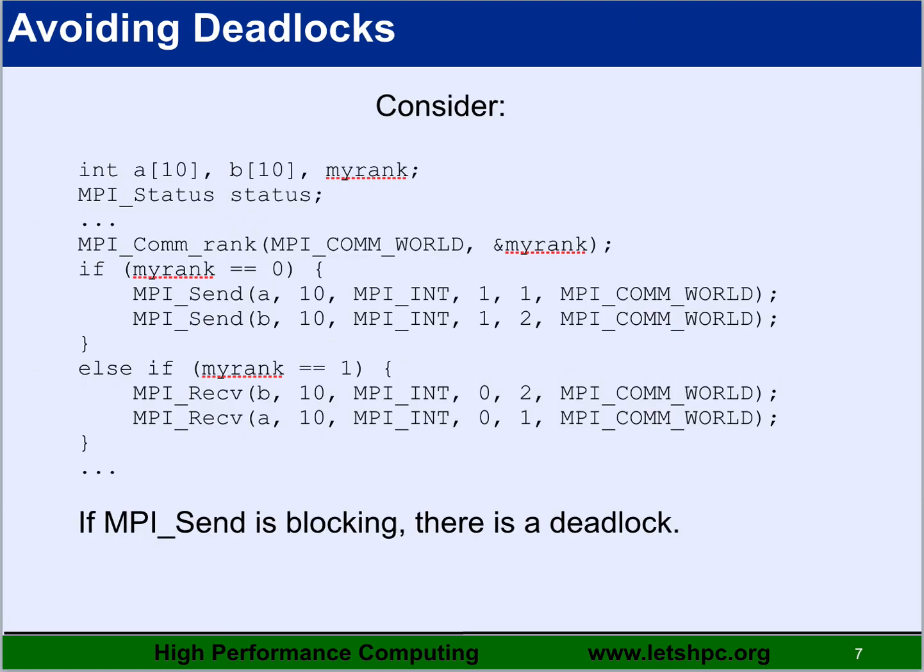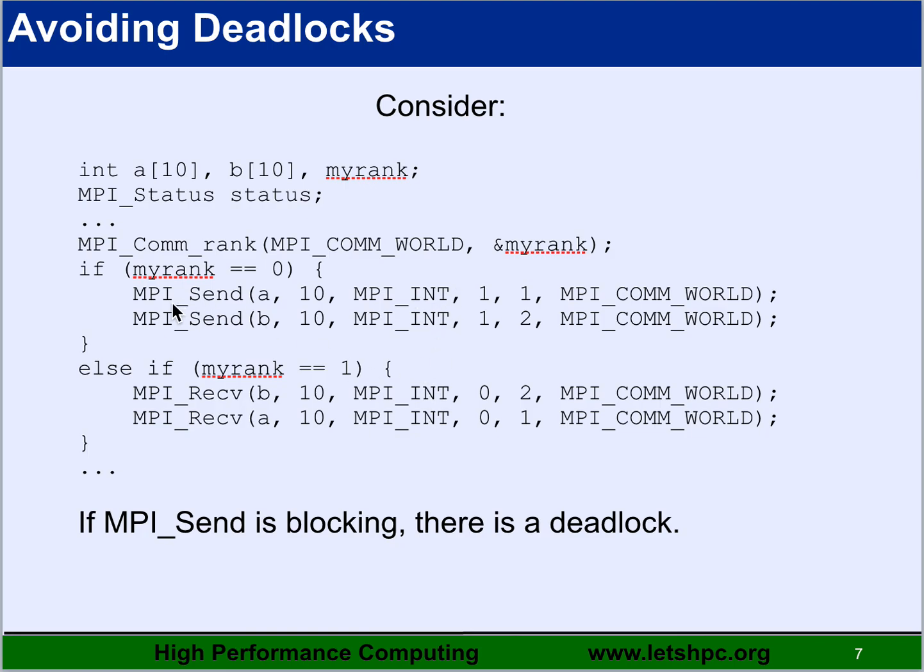There are many situations where we can encounter deadlock, and we need to make sure that such situations do not occur. I'm just giving one example. Let us assume this is the code. Here you can see there are two processes involved.